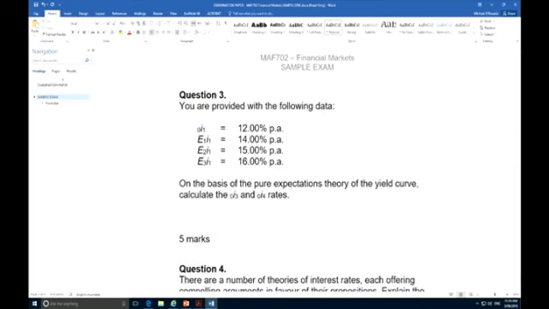So, we need to calculate 0I3 and 0I4 given 0I1, E1I1, E2I1 and E3I1. Okay, so we have the current 1 year rate, the 1 year rate in 1 year's time, the 1 year rate in 2 years' time, the 1 year rate in 3 years' time.